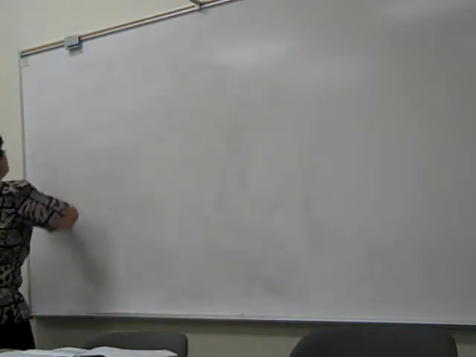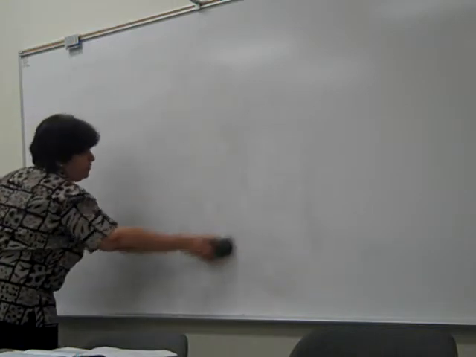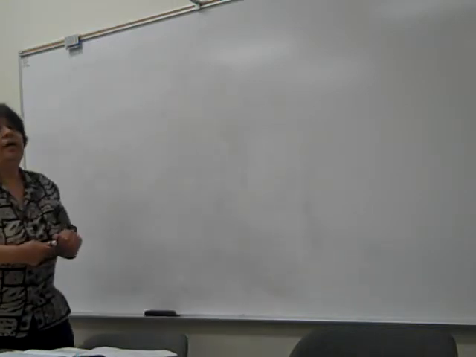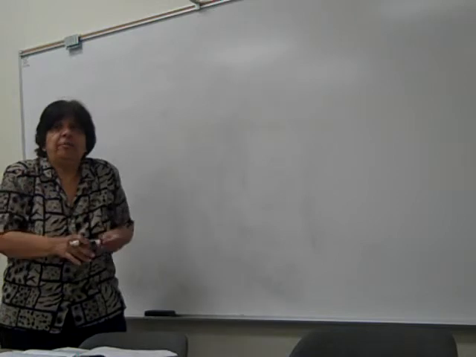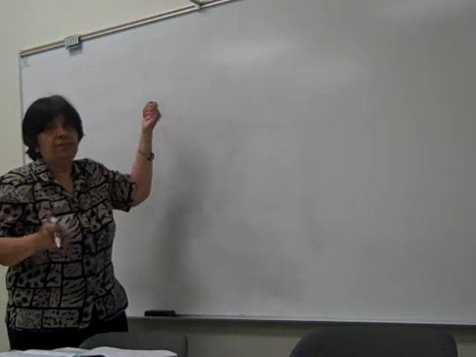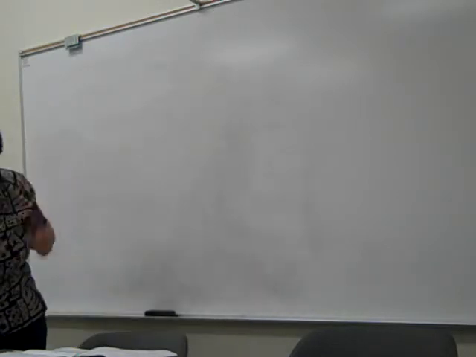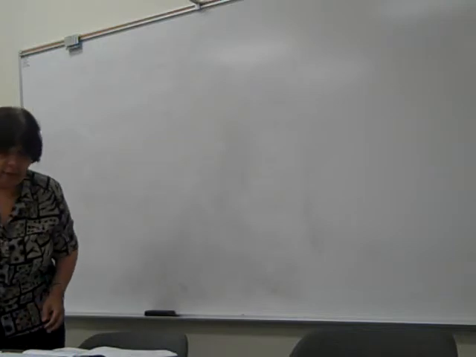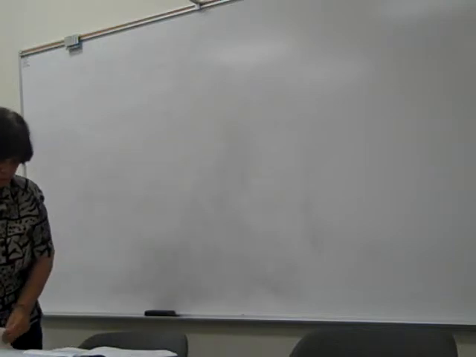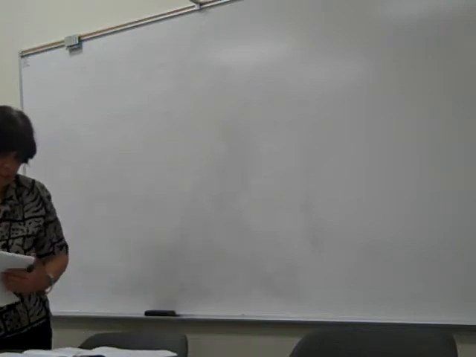However, it's hard to find that situation in real life because you do not know the standard deviation of the population. That's why you are using this procedure. Okay, let's do problem 14.